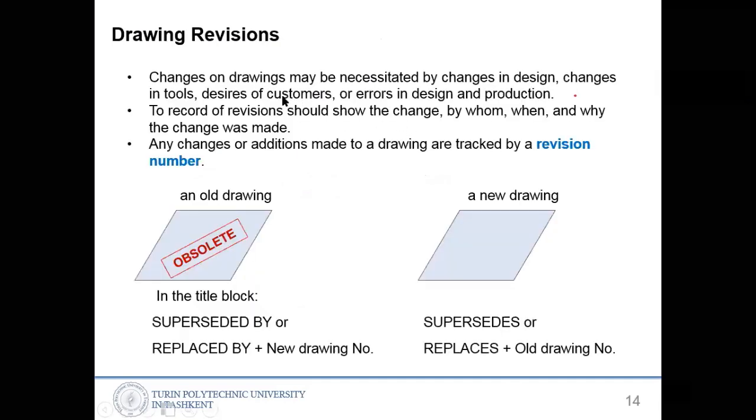Revisions. Drawing revisions means the changes, the management of the changes on the drawings. For example, you are producing some drawings for some parts or some product, and you have 100 drawings for 100 parts in one assembly.